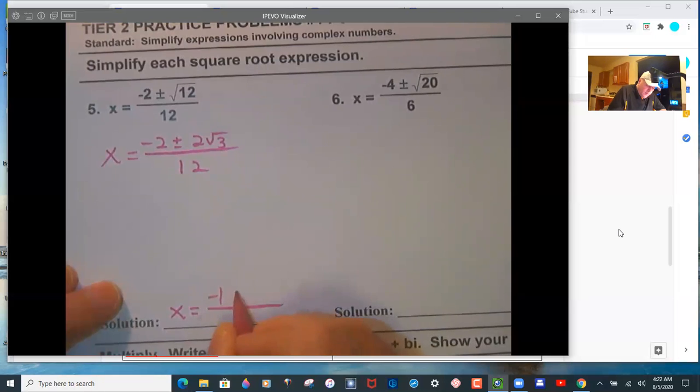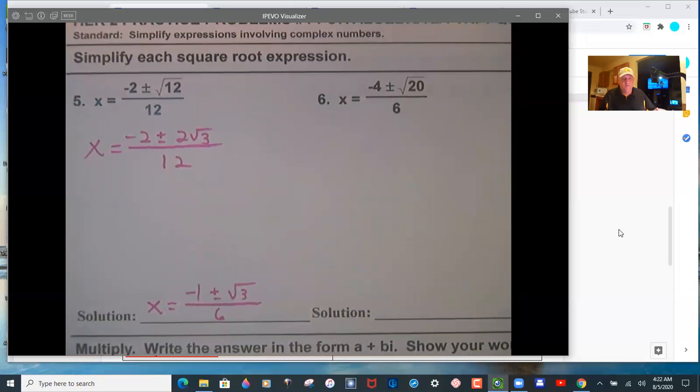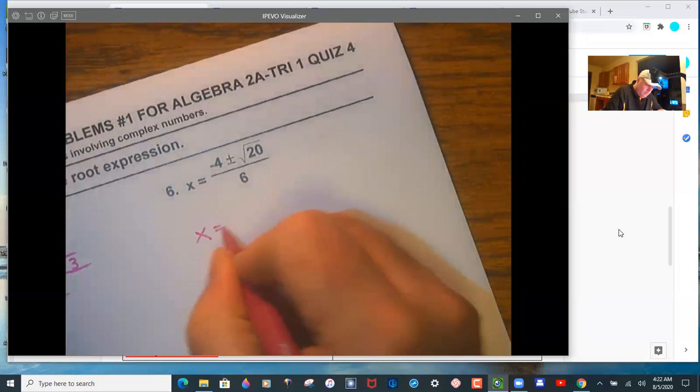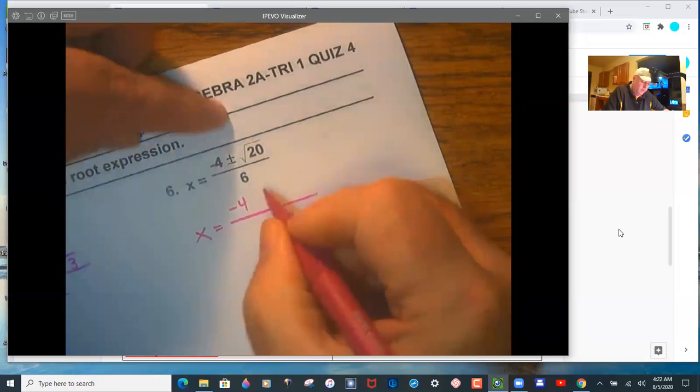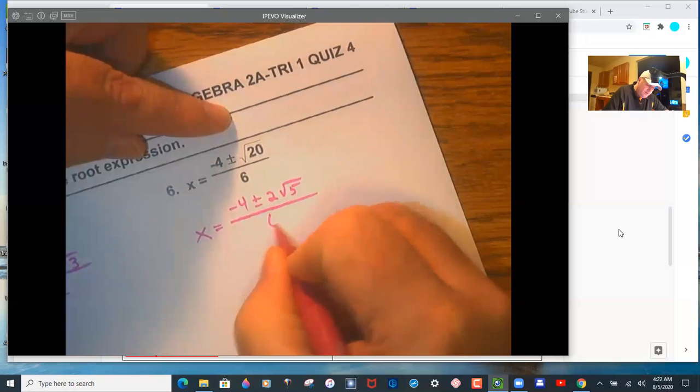So negative 1 plus and minus the square root of 3 over 6. Again, that's when we find the x-intercepts by hand, when we do the whole process, this is the end. And this is why we need to practice this and get this very good. Or else the next quiz's worth of work will be very long if we don't get this skill down.